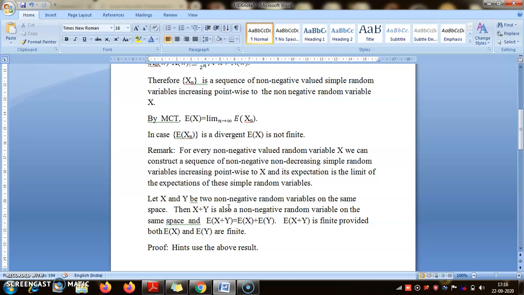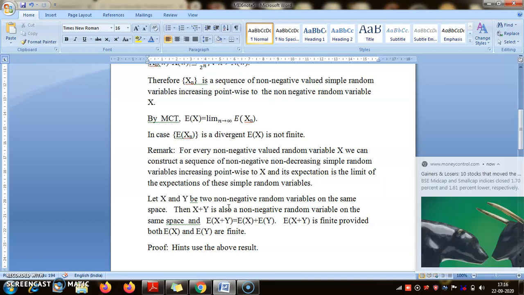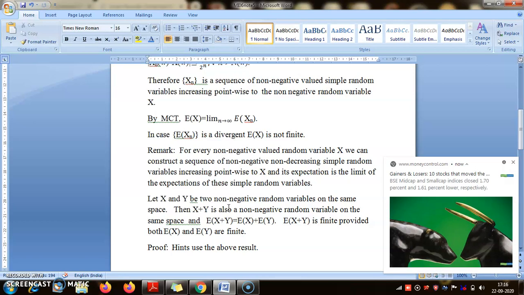This follows very simply if you know a little bit about pointwise convergence and the algebra of limits. So essentially for the random variable x plus y, we get a sequence xn plus yn which is non-negative, simple, and pointwise increasing to x plus y. So by what you get using the MCT, expectation of x plus y will be the limit as n tends to infinity of expectation of xn plus yn.